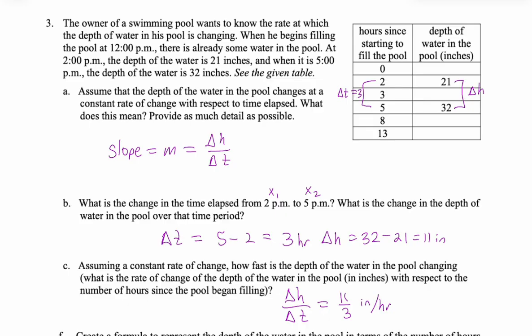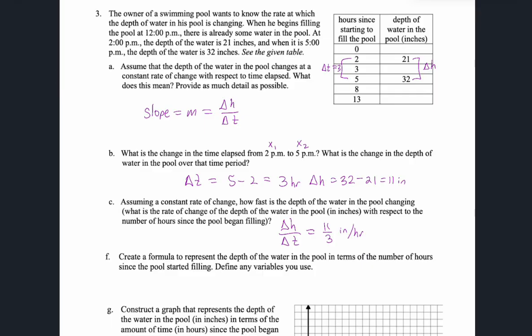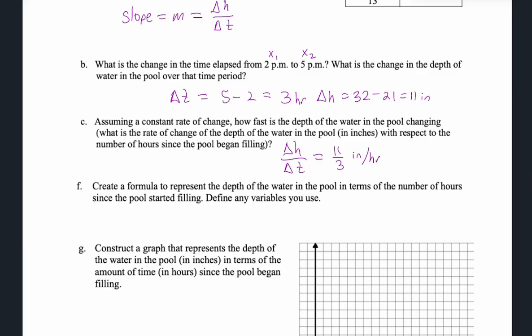So it says to create a formula to represent the depth of the water in terms of the number of hours. So we're going to have H be the height of the water, or depth of water, you can call it. So if you use D, that would be okay. And then T, we're going to define that as the time in hours. And so we know if we think of y equals mx plus b, our time is our independent variable.